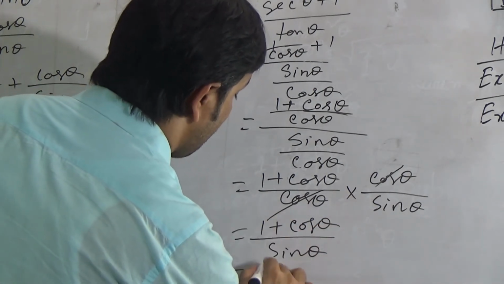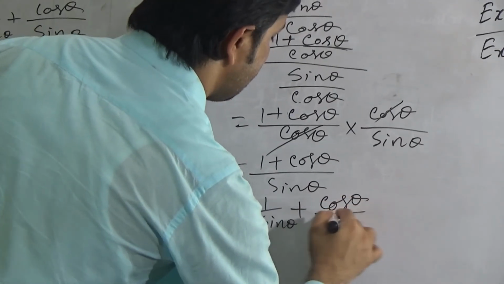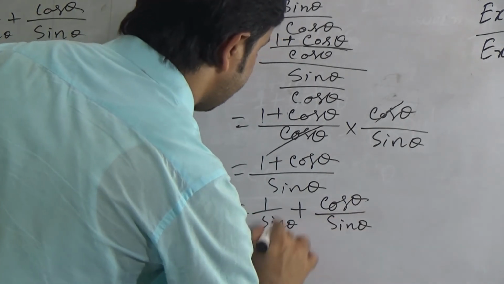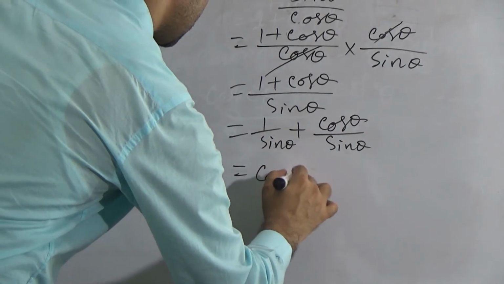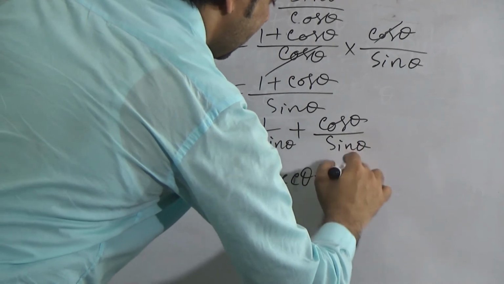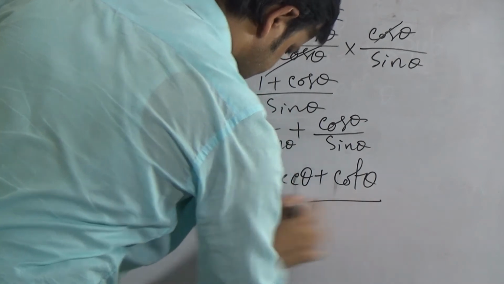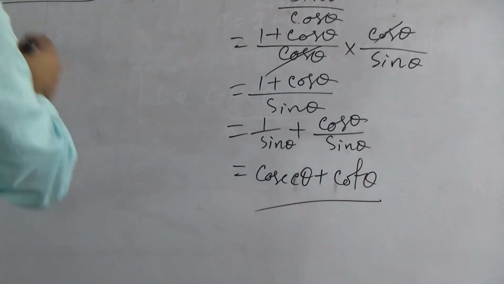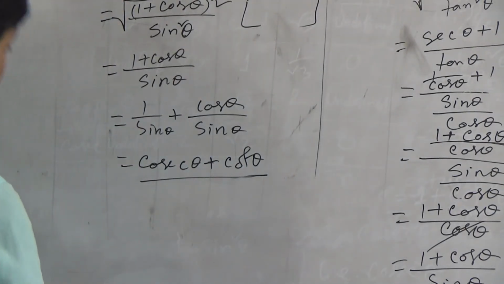It means 1 by sin theta plus cos theta by sin theta. So 1 by sin theta means cosec theta, while cos theta by sin theta means cot theta. Yes, this is the middle side. Okay, dear students, so we can say first side equal to second side equal to third side.